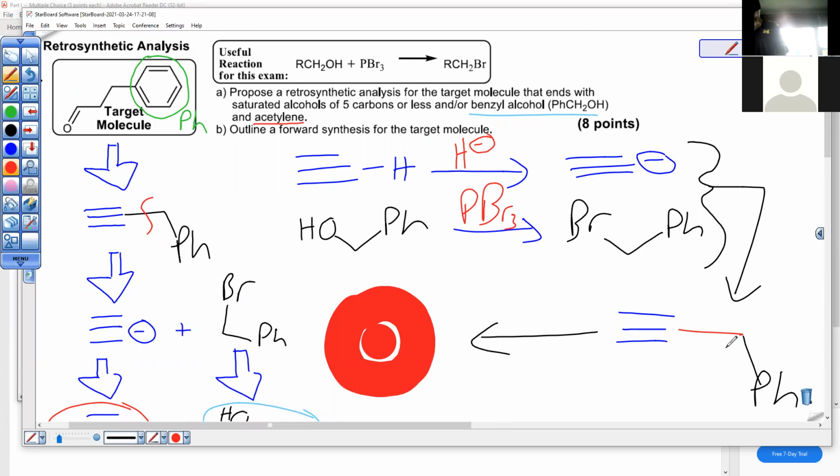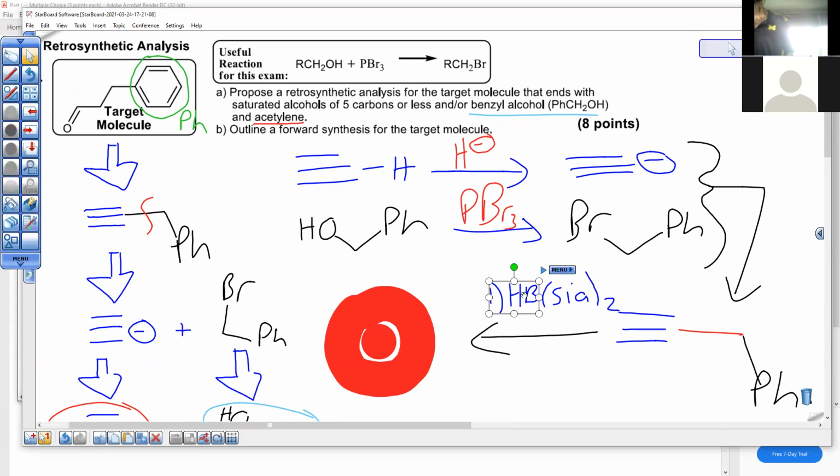Well, something about boron. You could use BH3 here for partial credit, but it doesn't give good yields. With alkynes, it's best to switch to HB Sia taken twice. It's moving it over so it's not touching my alkyne there.